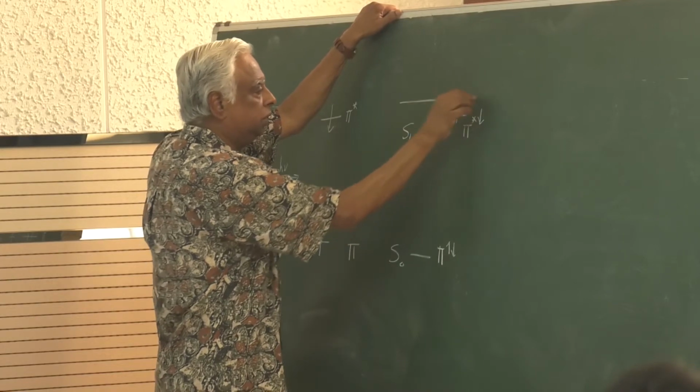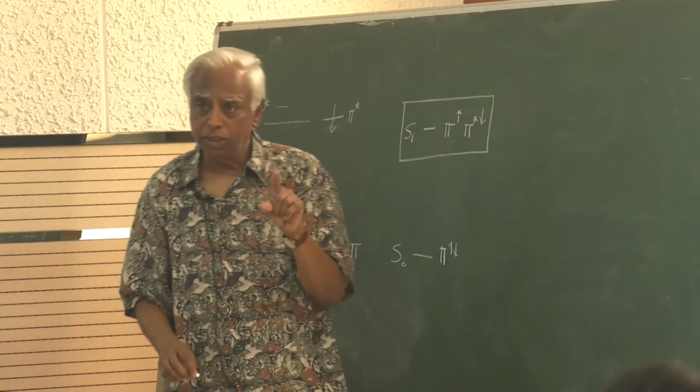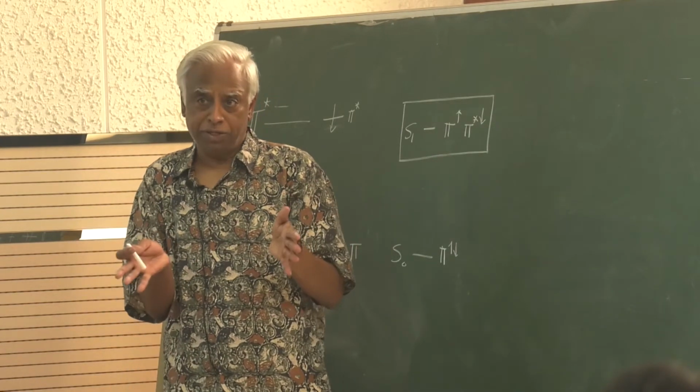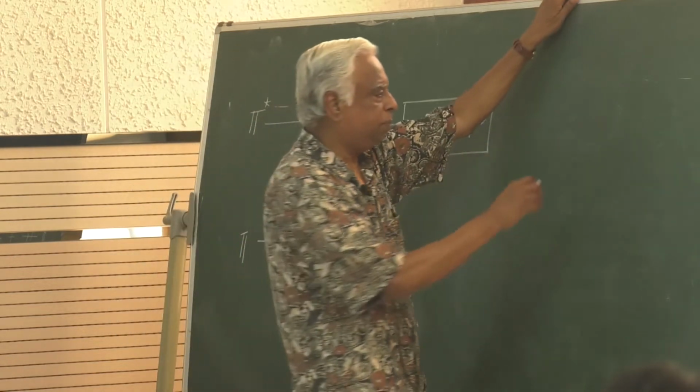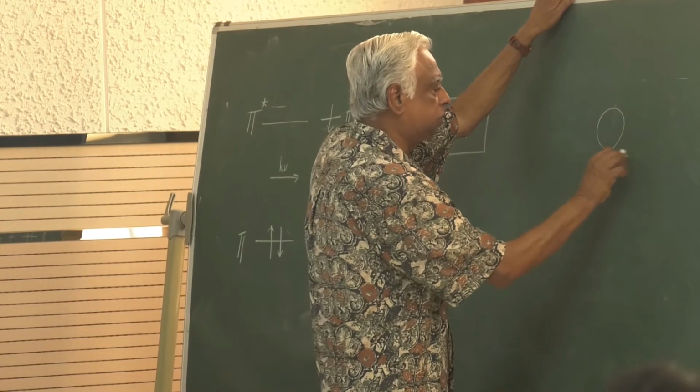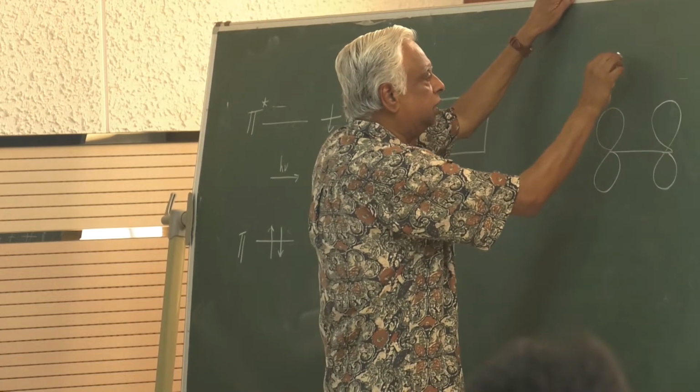There are two electrons, one in the pi, another one in the pi star, but they have opposite spin. When you say pi, it is this. When you say pi star, it is basically this.